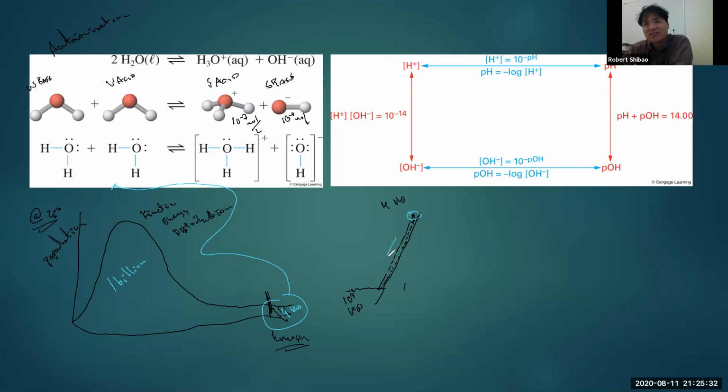So what we're going to have is a forward and reverse reaction. The number of molecules colliding and reacting here is going to equal the number that are going to revert back to water. And so we get a steady state, and the steady state is what we call the equilibrium state. This is called an equilibrium reaction, where we have a ratio of product to reactant.